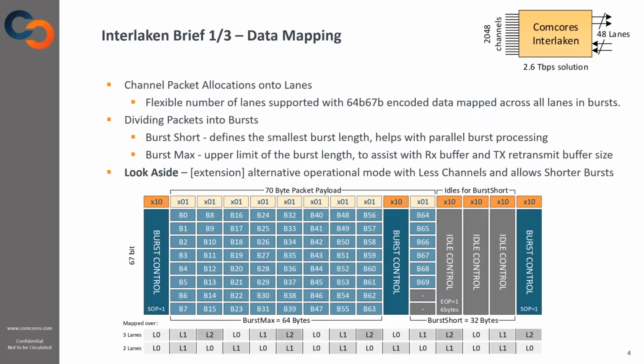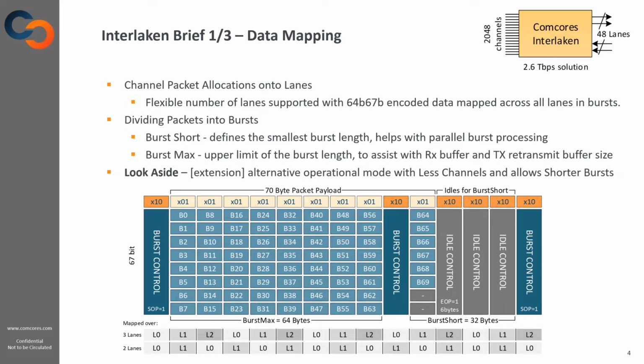So 64/66 wasn't as well established, but this additional bit on top of the 66 has a meaning. It's an inversion bit, so it allows you to control the running disparity of the data. So there are 2 control bits and an inversion bit added on top of every 64 bits.